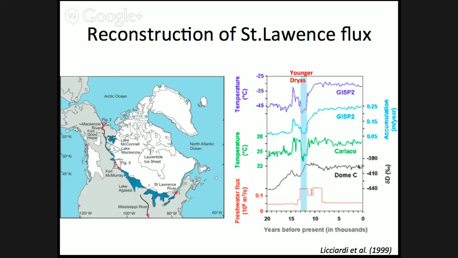Then they assume that all the meltwater flows into the St. Lawrence River and then flows into the North Atlantic Ocean. And this fresh water can be carried by the North Atlantic currents flowing here into the subpolar North Atlantic.